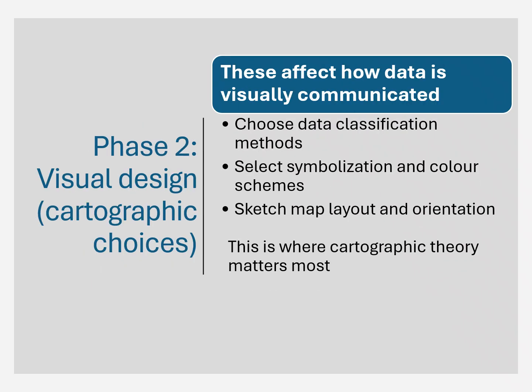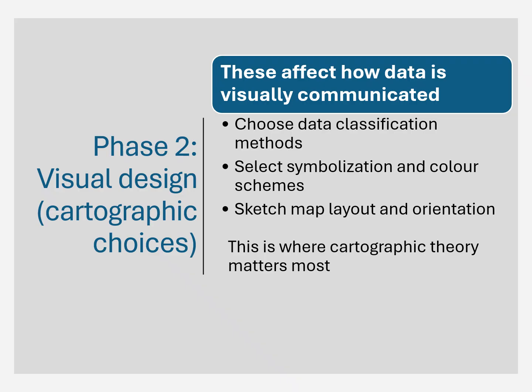Phase two is more related to visual design and cartographic choices. These affect how data is visually communicated. When you're designing the maps, choose data classification schemes or methods carefully.